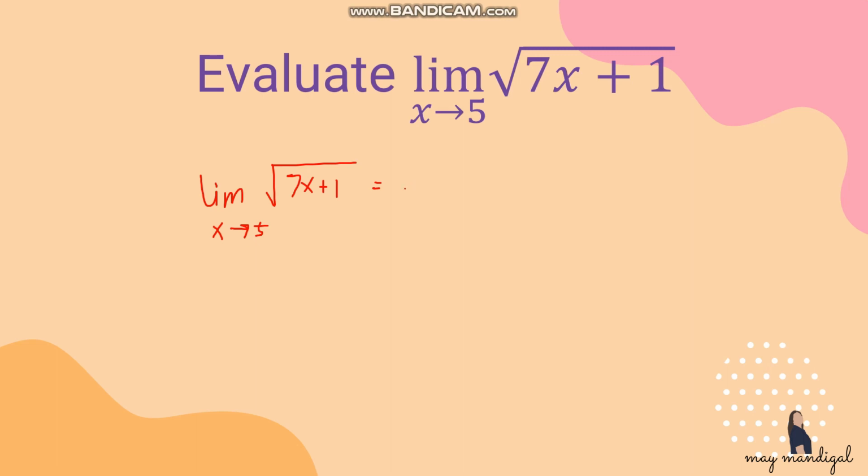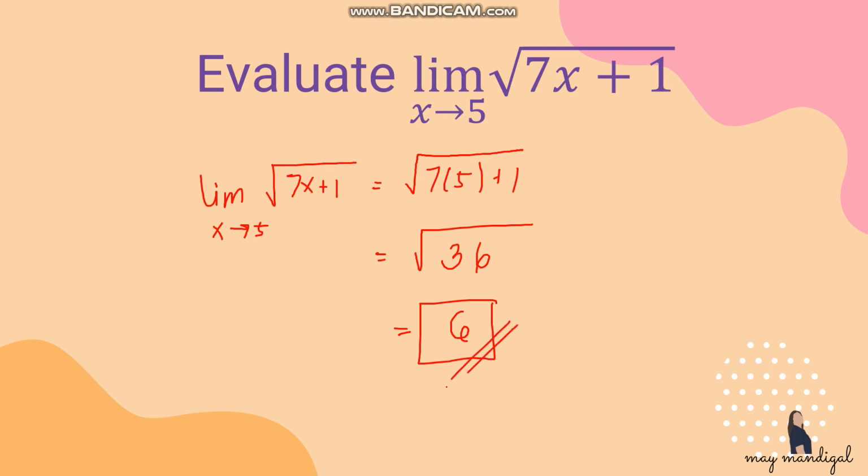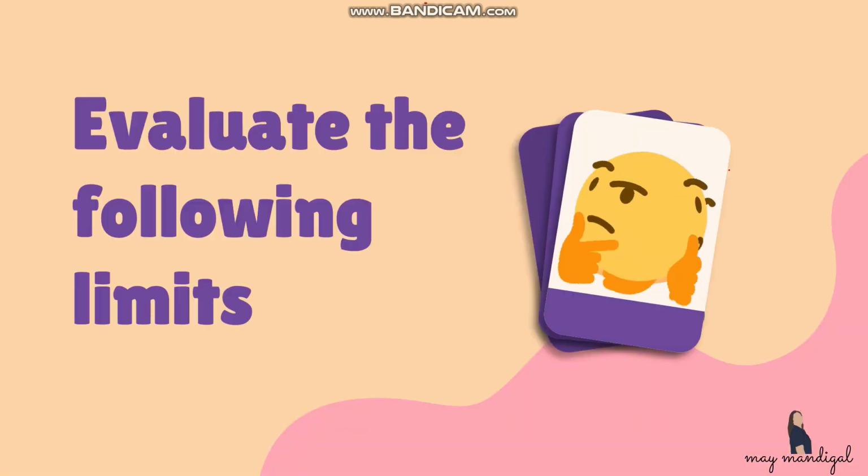So we can just substitute 5 and then get the square root of it after. So 7 times 5 plus 1. So this will be equal to the square root of 35 plus 1. So that's 36, or the answer is 6. So therefore, the limit of the given function square root of 7x plus 1 as x approaches 5 is equal to 6.